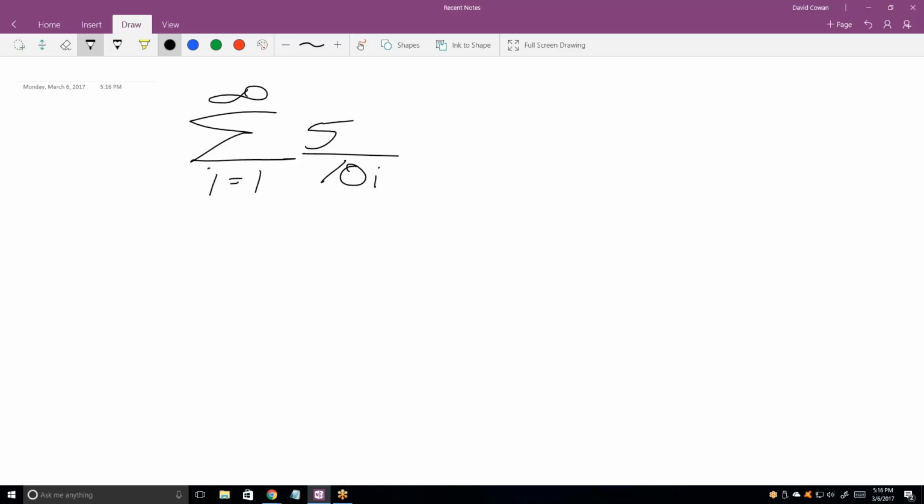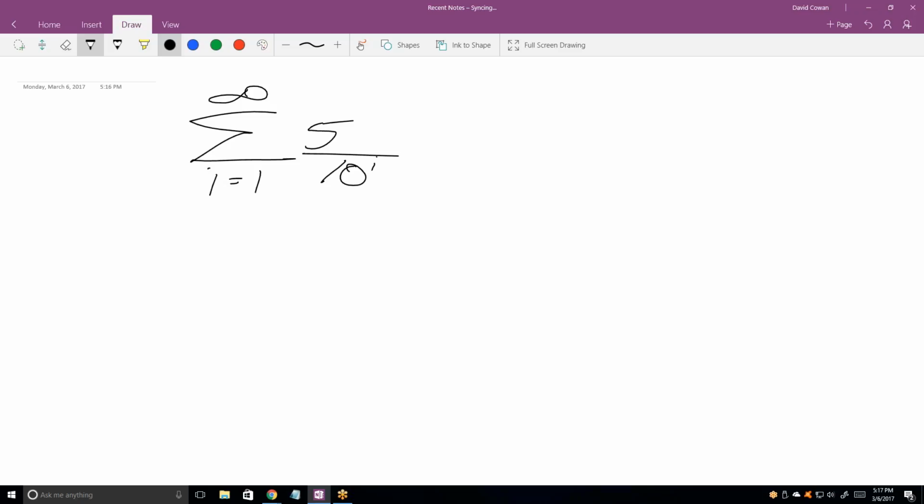No, the 10 is to the i power. In other words, this whole thing to the i power? No, just on the bottom, the 10 is to the i power. Oh, now I get you. Okay, so it's like that.